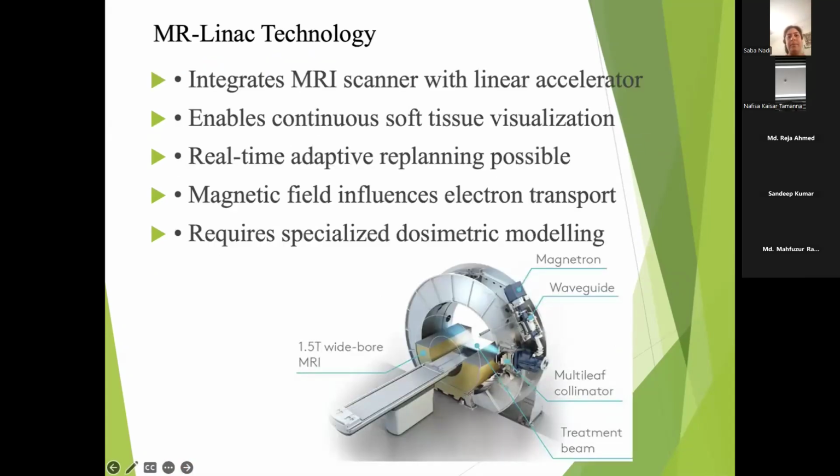This is a small summary about MR Linac technology that integrates an MRI scanner with linear accelerators. What is more important here is that the magnetic field influences electron transport, as we already discussed, the electron return effect, and it requires specialized dosimetric modelling.